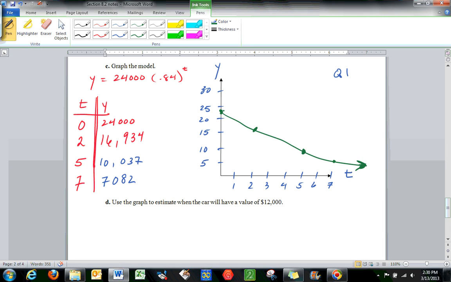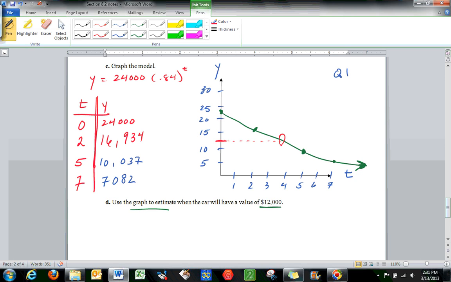So if we look at part D, it says to use the graph to estimate when the value of the car will be $12,000. So we can do this by simply finding roughly the $12,000 value. Now, if we do this, we can go over and we can see that our place on the curve for $12,000 is about right there where the red circle is.